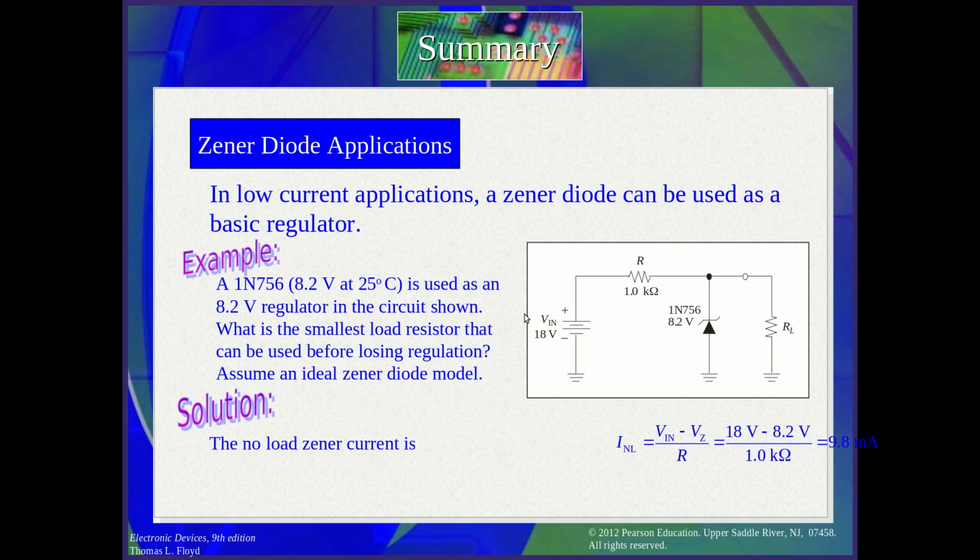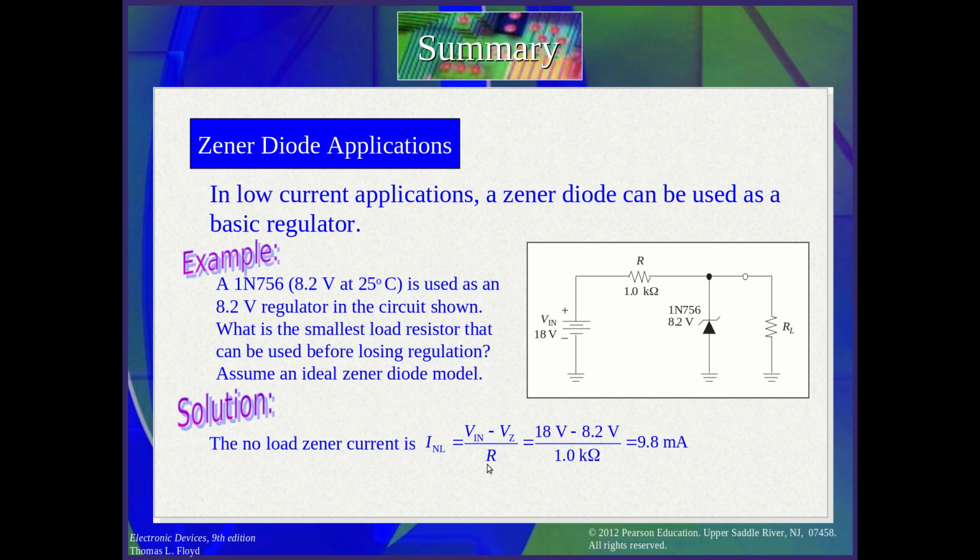You calculate with no load Zener current: Vin minus VZ. There is no current before the breakdown, exactly at VZ.